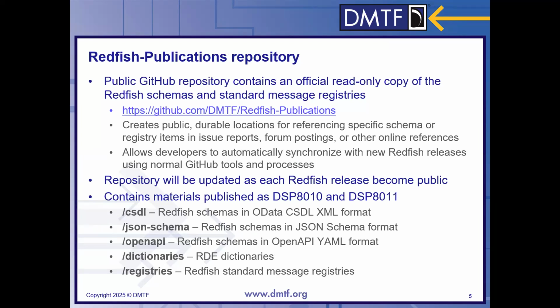Redfish publications is a mirror of the release materials that are normally in zip file bundles, but the publications repository allows you to clone that repo and then either leverage the machine readable schema files and message registries in your own development, or to just effectively keep up to date with all that material by using the GitHub processes. There are folders under there for the four supported schema language formats, and then one to contain all of the message registries.